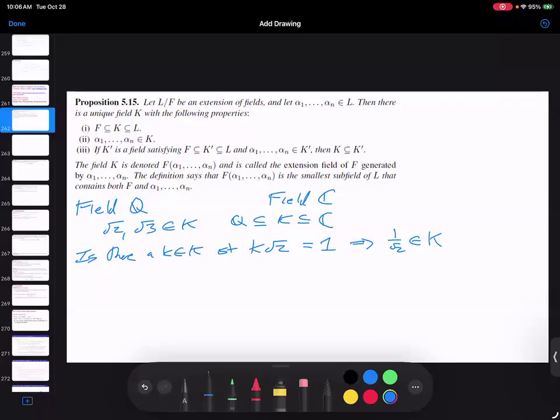Yeah, so root 2 plus root 3 has to be in K, or m root 2 plus n root 3 for all integers m and n. Because I can just keep adding root 2 to itself, I can keep adding root 3 to itself. But now I know 1 over root 2 is in this ring. And so square root of 3 over square root of 2 has to be in K.